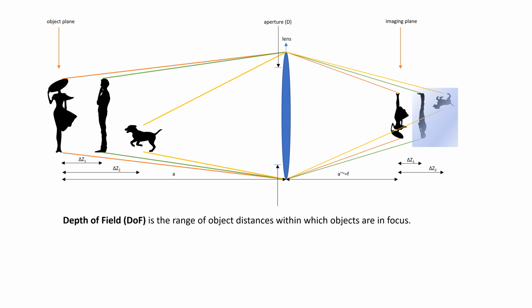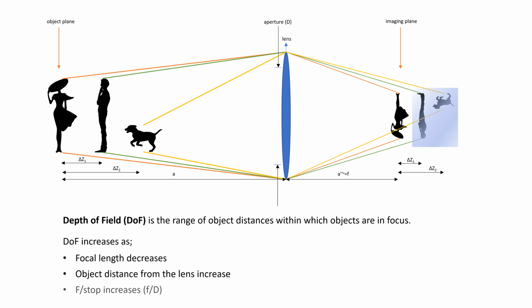The takeaway from this is that the depth of field increases as the focal length decreases, the object distance from the lens increases, and the f-stop increases, which is basically the focal length over the diameter of the aperture.